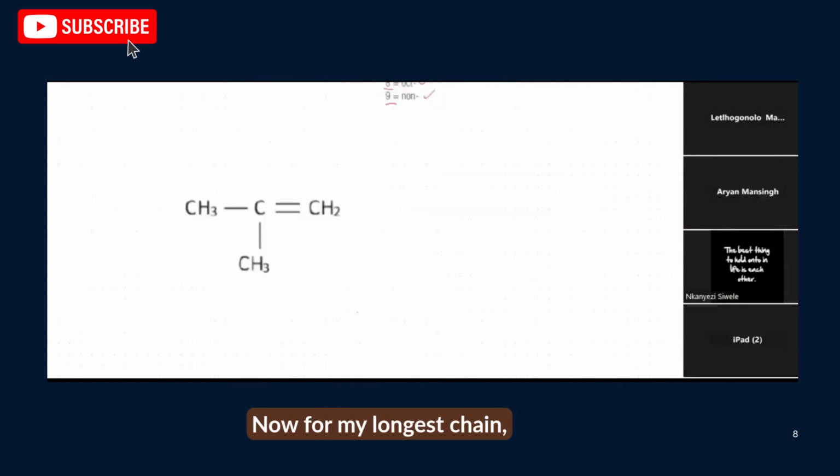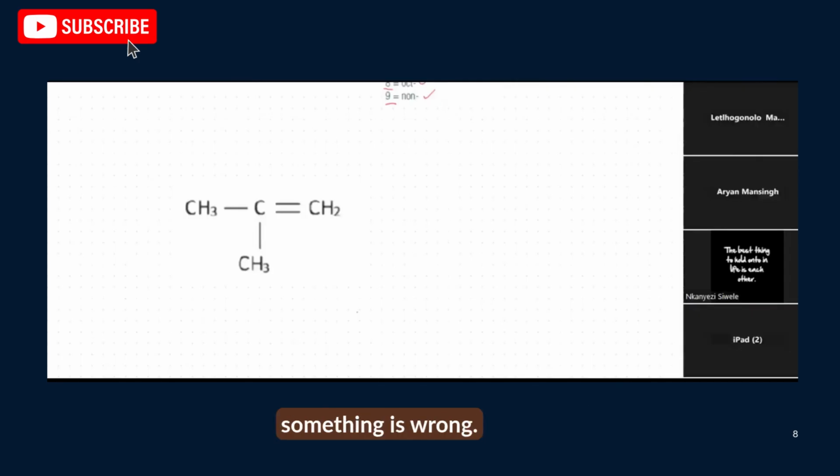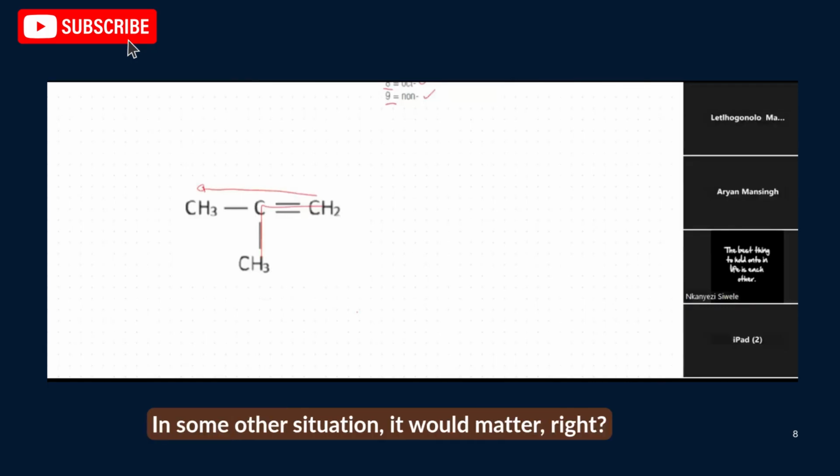Now, your longest chain will always include the functional group. If it does not include the functional group, something is wrong. So in this case, I could go straight or I could go this way. Either way, I have 3 carbons, so it doesn't matter. In some other situation, it would matter, right?